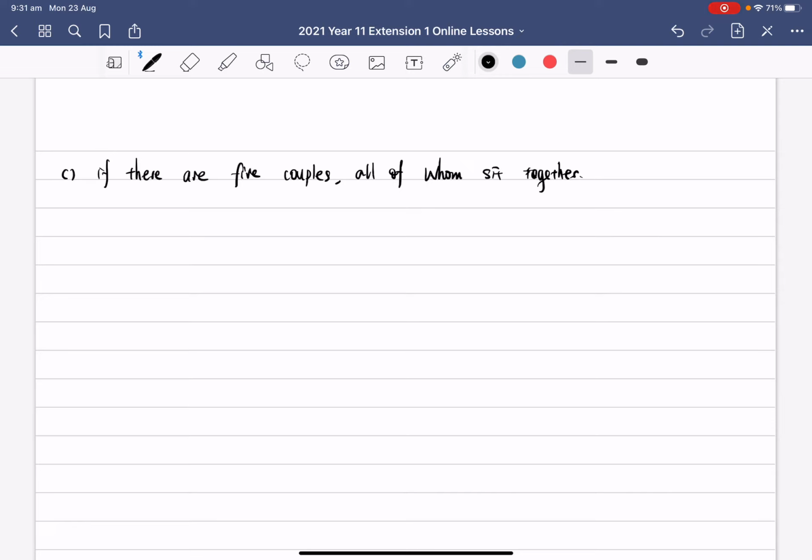Firstly, we need to think about within those 5 couples. For example, let me just draw the circle first. And then we have 5 couples, like these 2 are a couple. Now, they need to sit together. But remember, within each couple, you've got 2 factorial ways to sit them, because you can have the boy and the girl, or the girl and the boy.